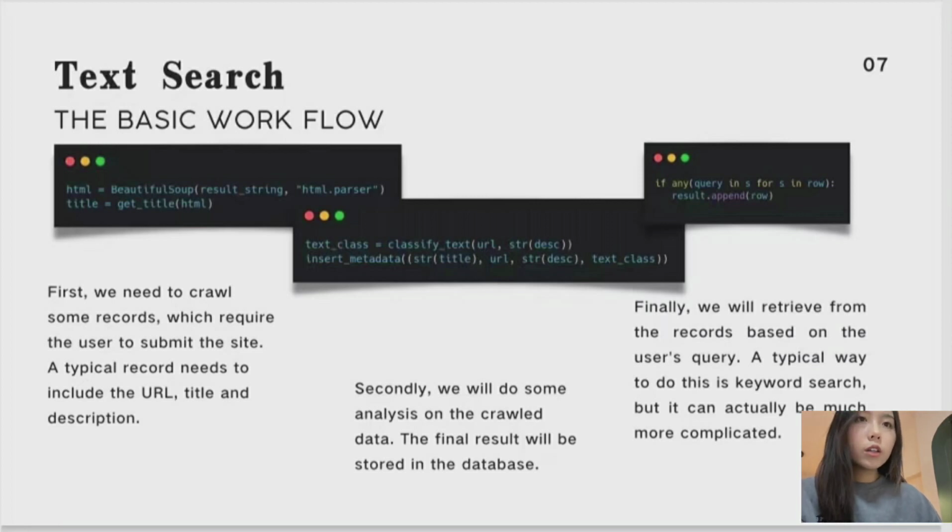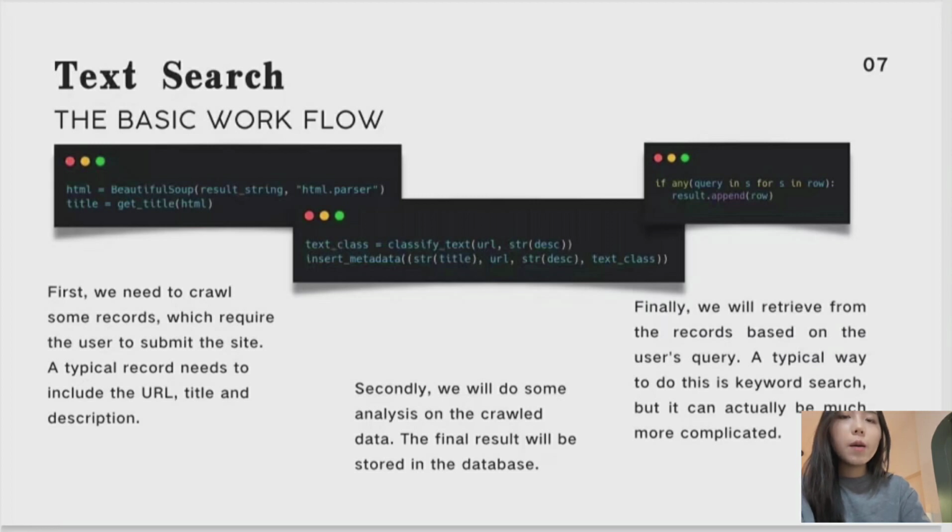The crawl record will mainly contain the website title, description, link, and other content.